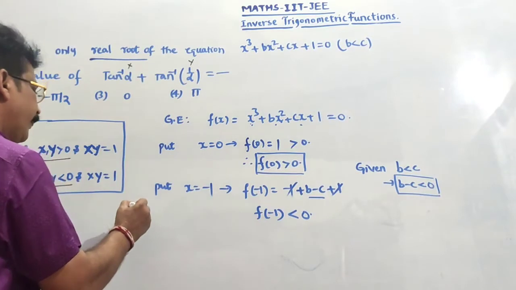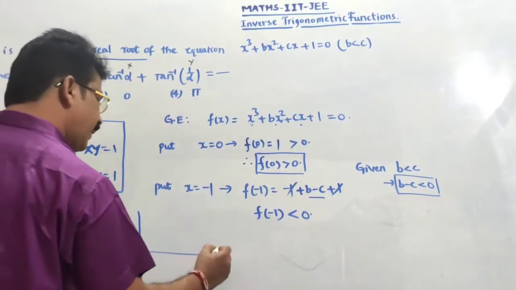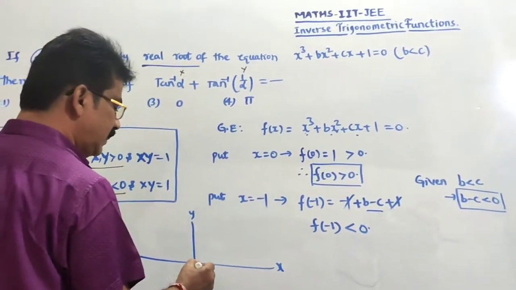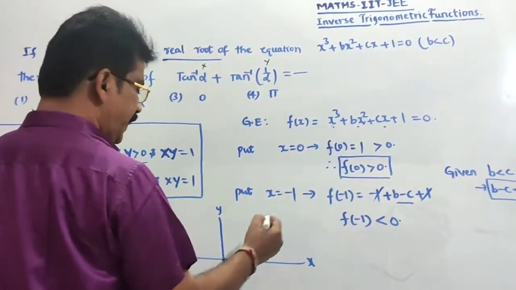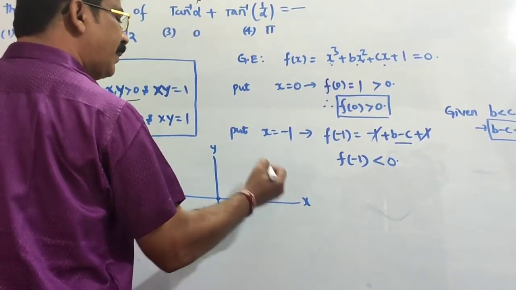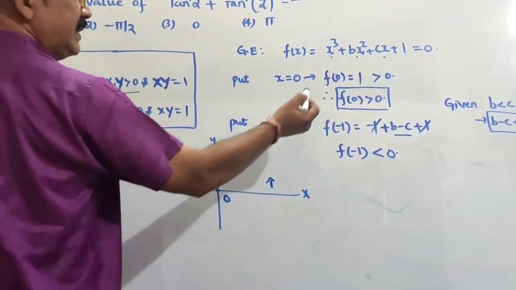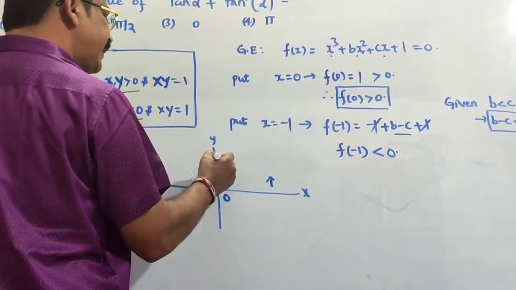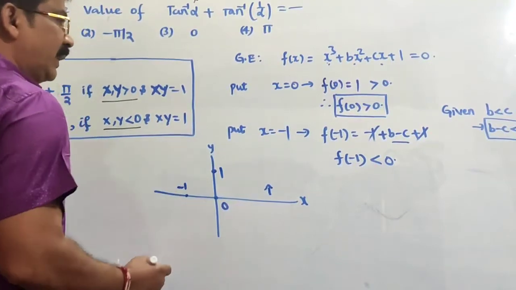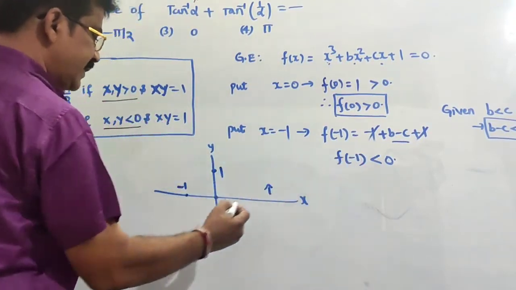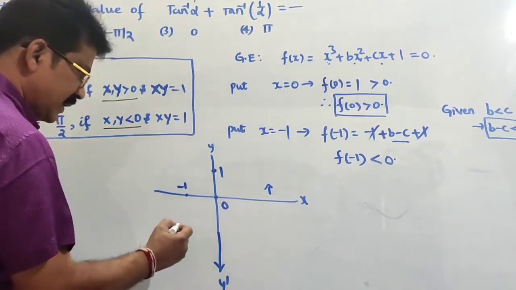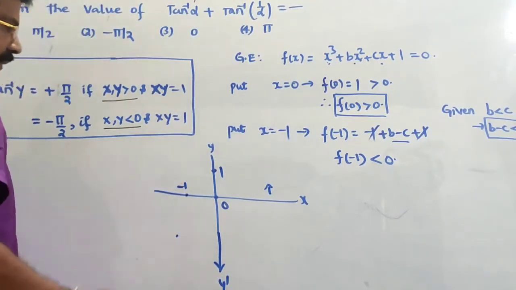On the graph, with x-axis and y-axis, at x equal to 0, f of 0 is positive, which means above the x-axis, say at 1. At x equal to minus 1, f of minus 1 is negative, so it should be towards the negative y side.